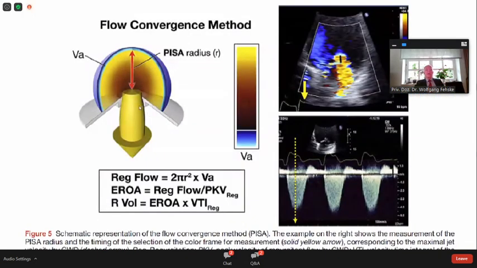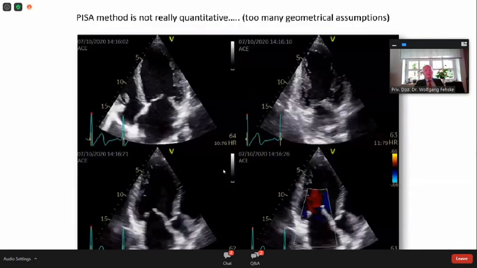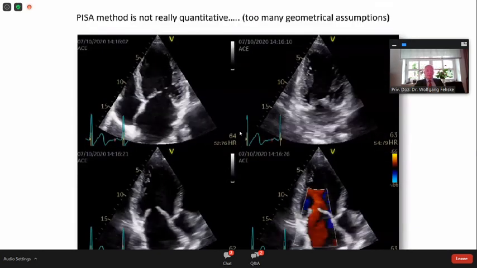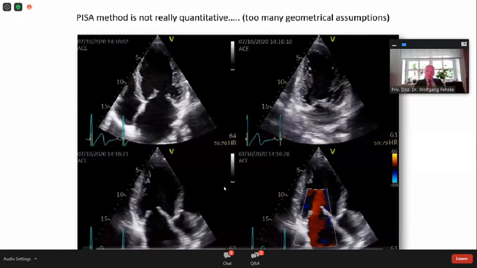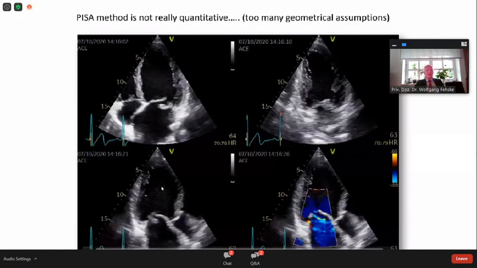So we all know that the PISA method has drawbacks in many things. One is the geometrical aspect, as you can see here in a typical case where you have a P2 flail and an eccentric inflow and outflow through the valve, and you cannot really use the PISA method.